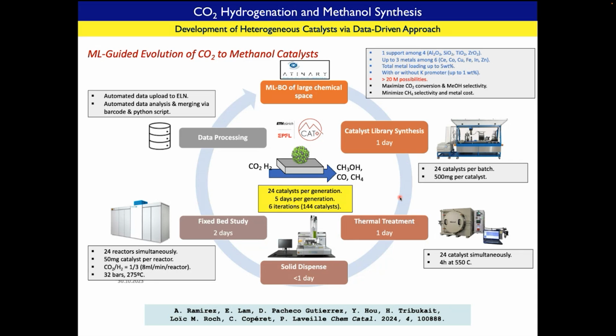This was not fully unbiased because we started with a series of knowledge, but the computer itself is unbiased because we only gave it the possible compositions and chemical space, and the computer, through this Bayesian optimizer, proposes compositions, we make the catalysts, and so on. We typically make 28 catalysts at a time, test them, and based on the results, we go through that cycle. I will show you what happens through 5 iterations to show you how powerful Bayesian optimization can be to explore chemical space.